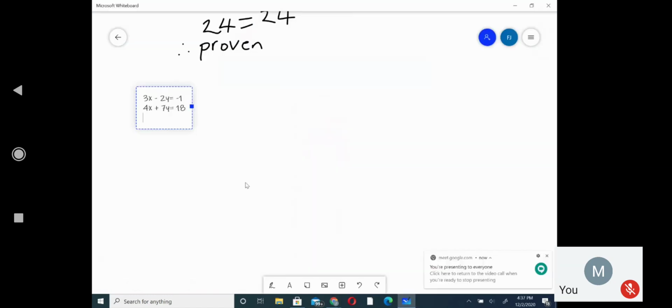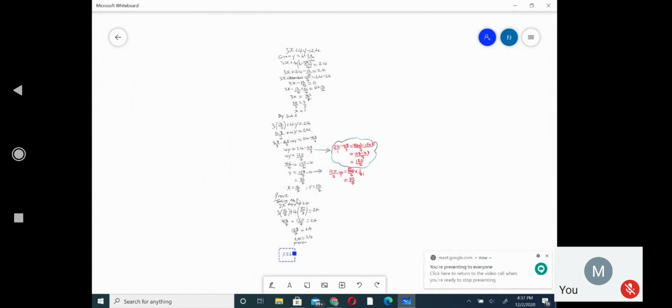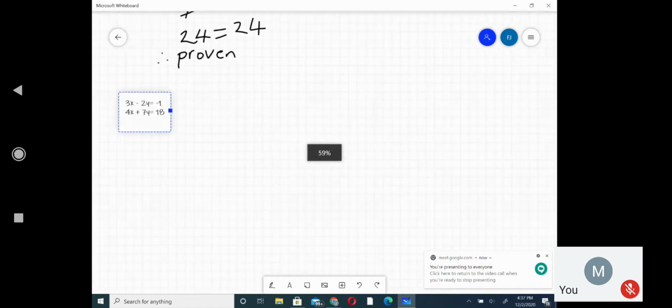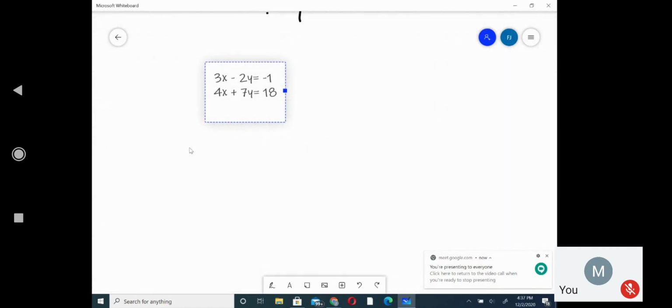Alright, so we have this question: 3x minus 2y equals negative 1. The first thing we want to do is number our equations.